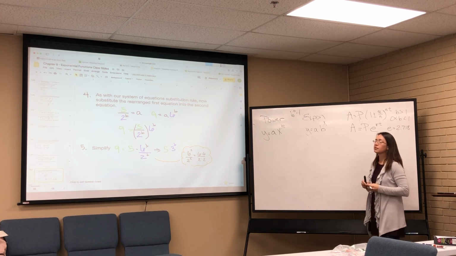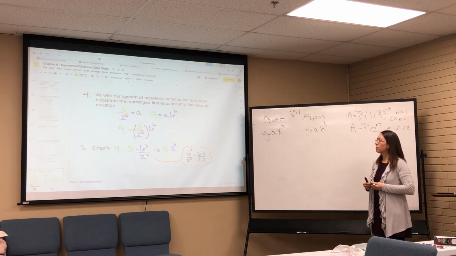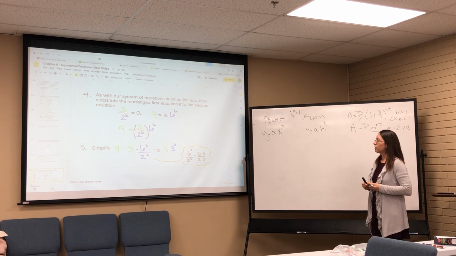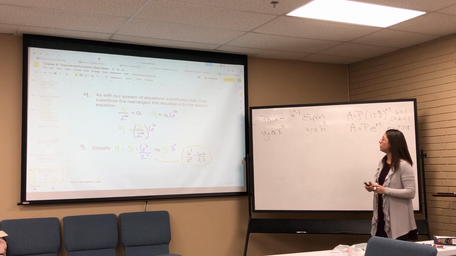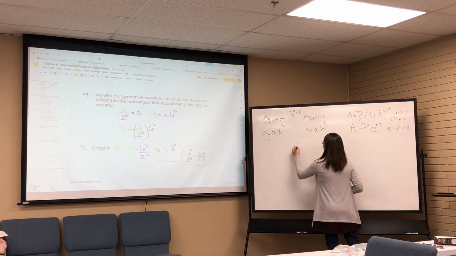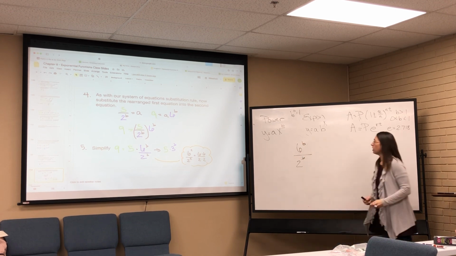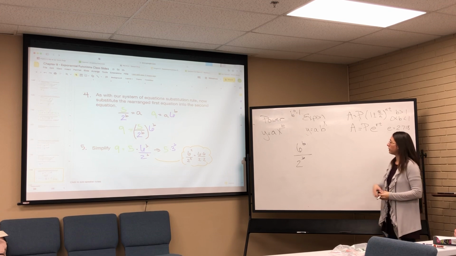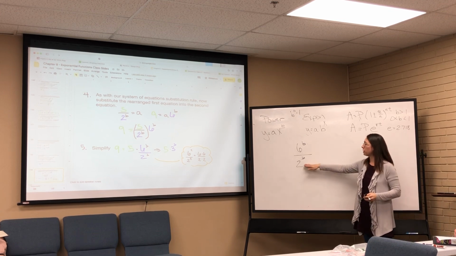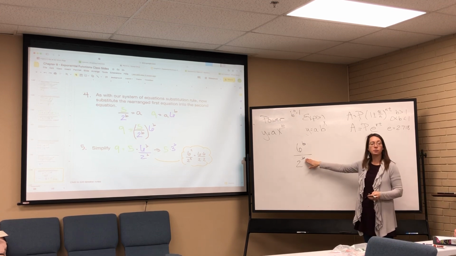Now this is not something that we have technically talked through, so I have a little orange bubble over there on the side. Okay, so what does it mean when we have 6 raised to a power divided by 2 raised to a power? How do we simplify this?